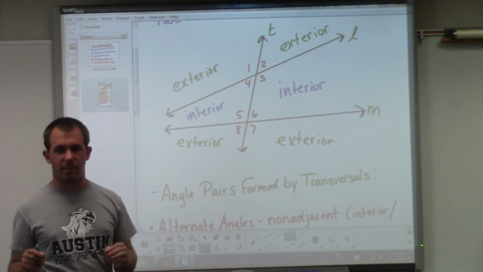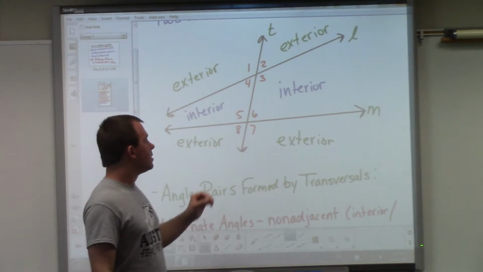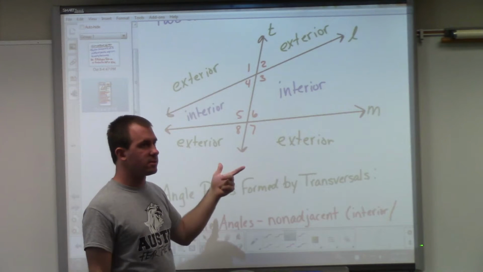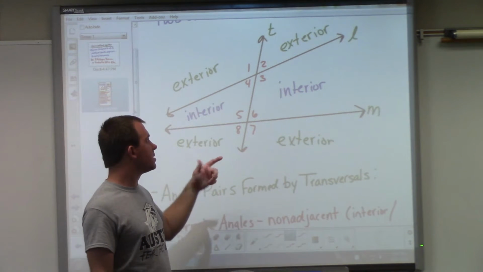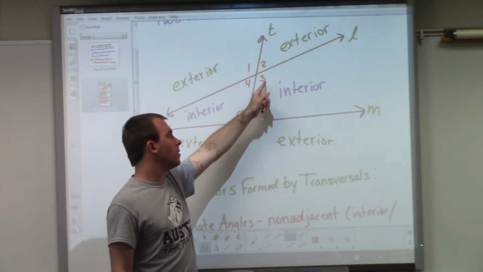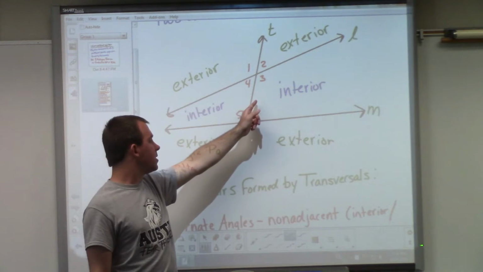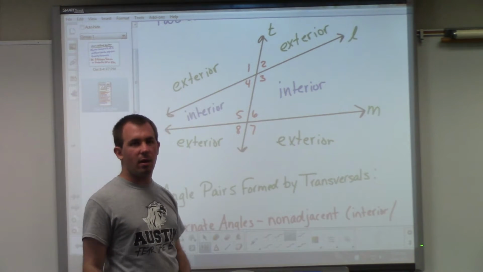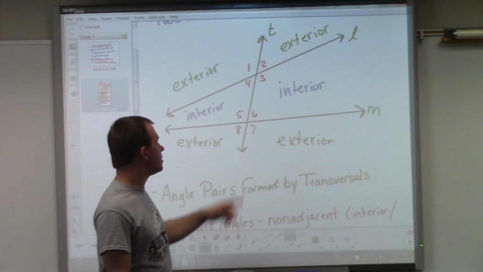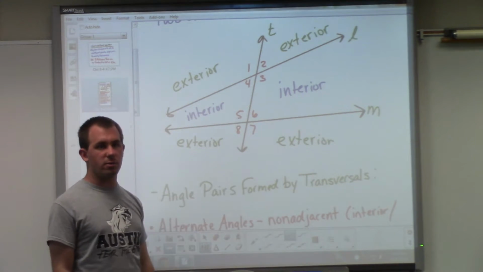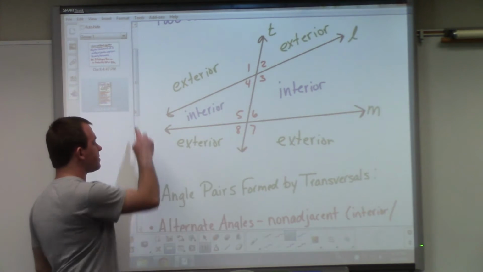We don't want them to be adjacent. Therefore, if they've got to be on opposite sides of the transversal and non-adjacent, then 1, since it can't go with 2, has to go with, well, these are in the interior, can't be them, 7. So 1 and 7 are alternate exterior angles. Likewise, 2 and 8 are alternate exterior angles.